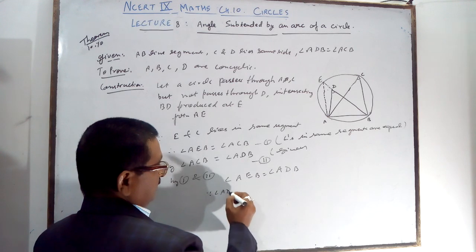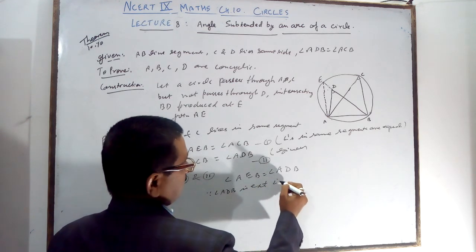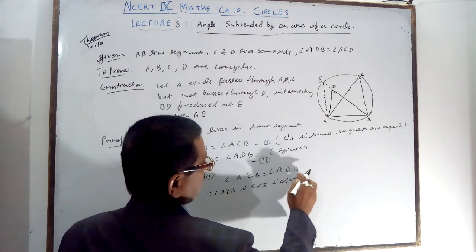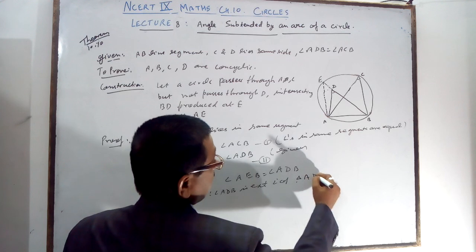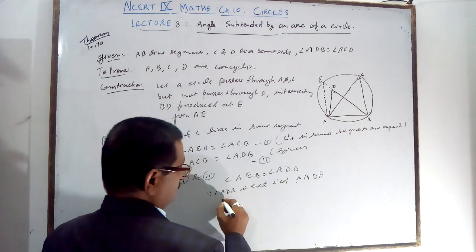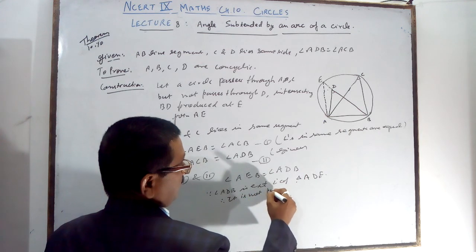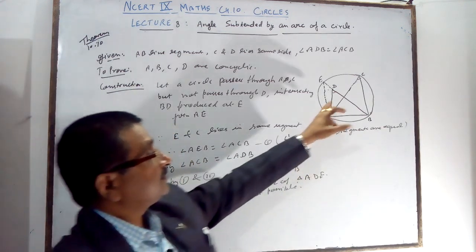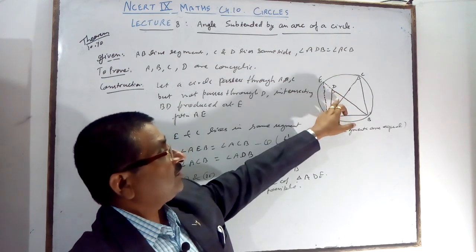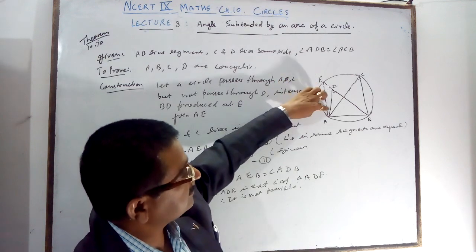Because angle ADB is an exterior angle of triangle ADE, it is not possible. This angle is never equal to this one, because it is the sum of the two interior angles, E and this angle.